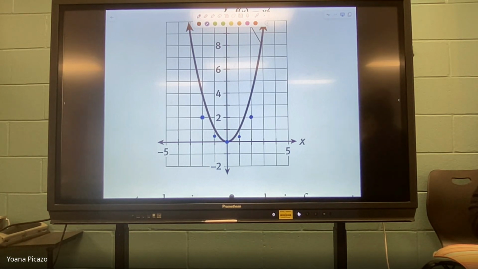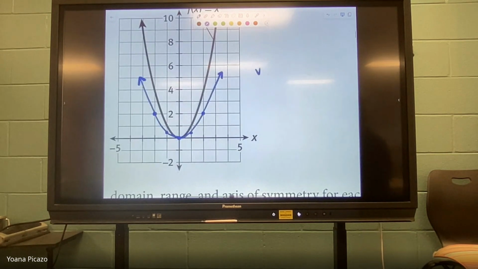So let's go ahead and look. What happened to this graph? They got wider. So this is what we call a vertical shrink.